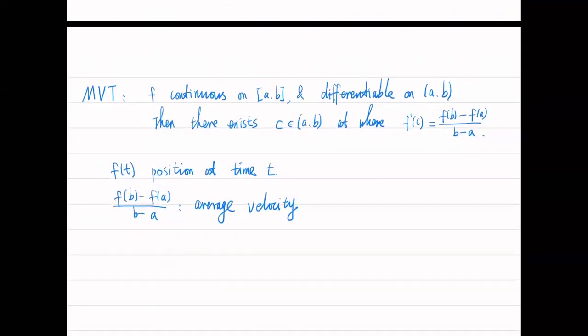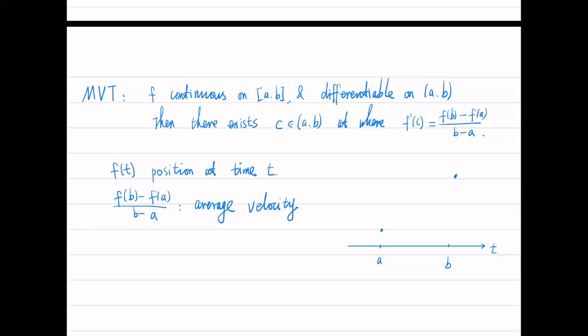Okay, sure, let me finish this. Let me draw a picture. That's a very good point. Let's see what it tells us. At time A we start here, at time B we arrive there.